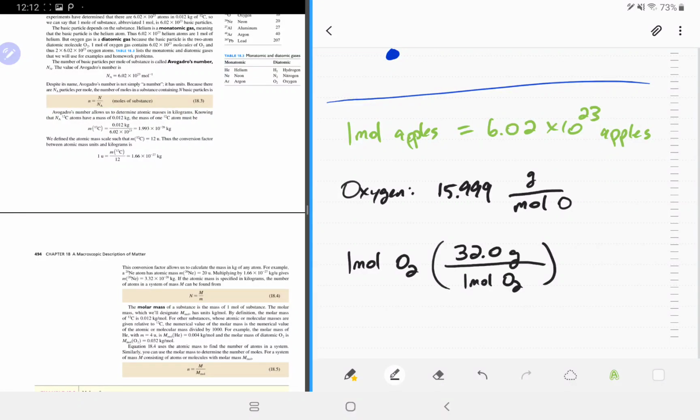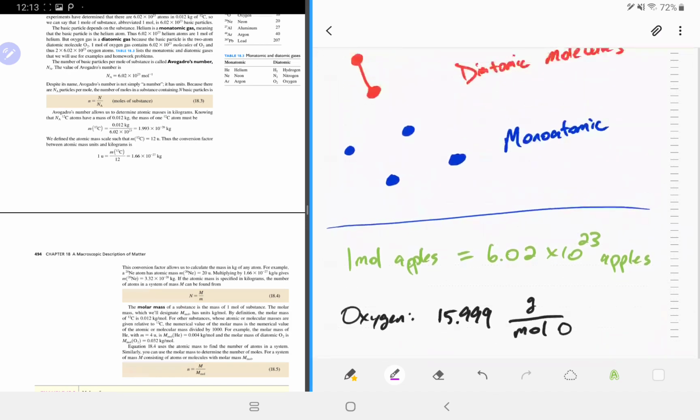So 1 mole of O2, and I wrote this in a way that you can cancel out the units. A mole of O2 and mole of O2 will cancel out, and you're left with grams. So 1 mole of O2 is equal to 32.0 grams of O2. See how 1 mole of oxygen atoms is different than 1 mole of oxygen molecules. So 1 mole of oxygen molecules is 32 grams.